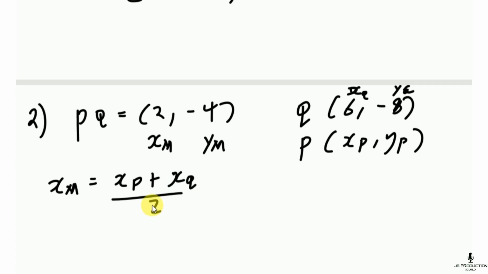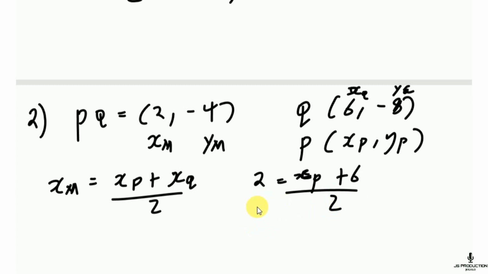So we can say xm is 2, so 2 is equal to xp, which is the coordinate we're trying to calculate, plus xq, that's 6, divided by 2.